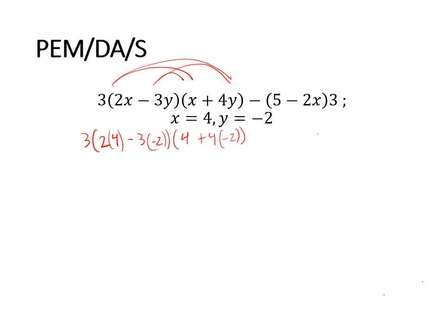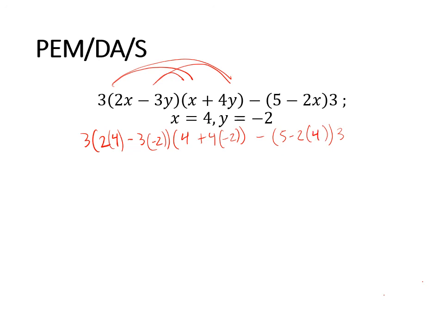And then over here we have 5 minus 2 times y, and y is negative 2. And then we will have 3 right here. Okay, so what do we do here? Oh, sorry, I had x's, I need to fix that. One moment. This would be 4, not negative 2.